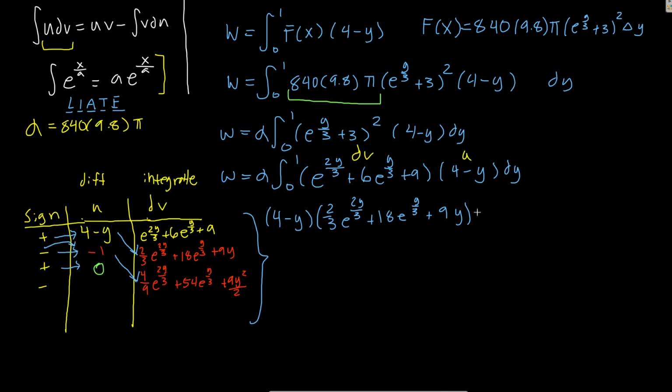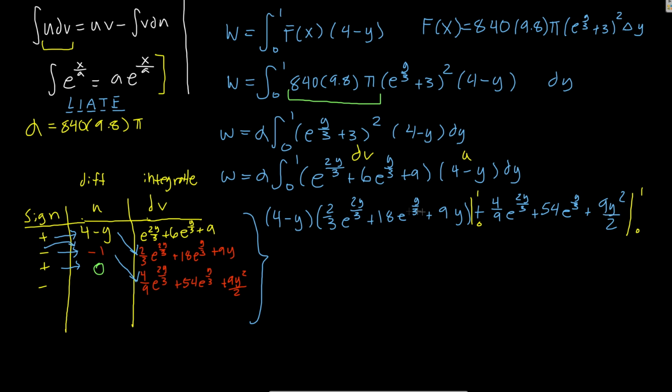So we're just going to add, so plus 4 over 9 e to the 2y over 3 plus 54 e to the y over 3 plus 9y squared over 2. And for each one of these terms, we're going to evaluate within the bounds of 0 to 1. And that is how you use the tabular method to convert an integration by parts problem into its proper antiderivative.